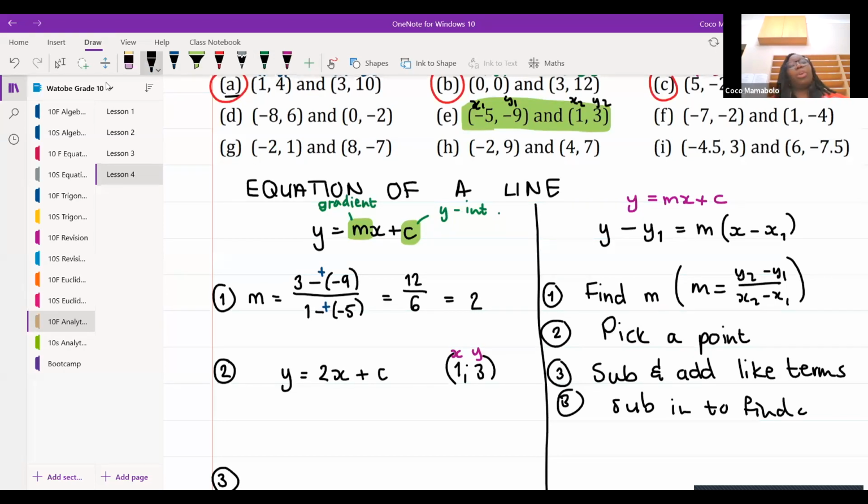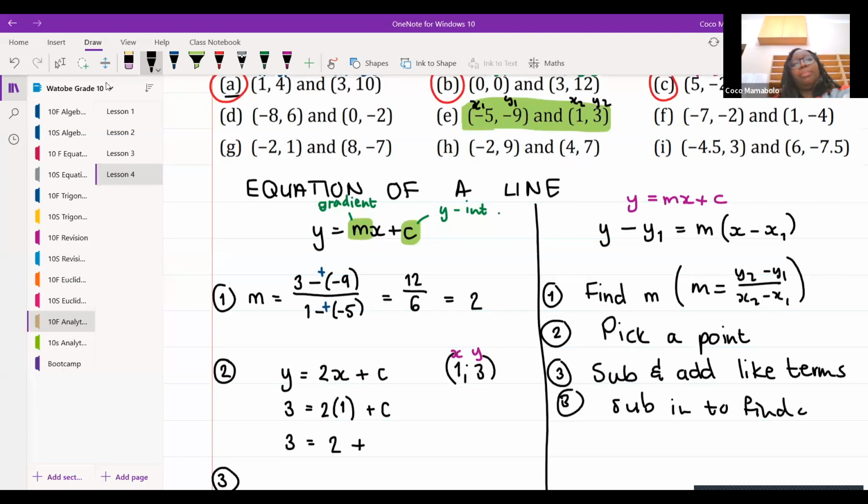Let's substitute in. Tell me, what do I need to write? You're going to write 3 equals 2 times x, no, not x. What is times x? It's times 1. Good. Plus c. Excellent. Okay, let's clean it up a little bit. 3 is equal to 2 times 1 is? It's 2.